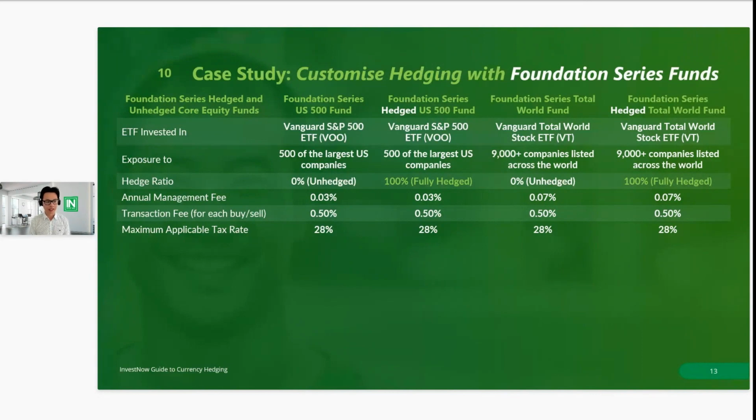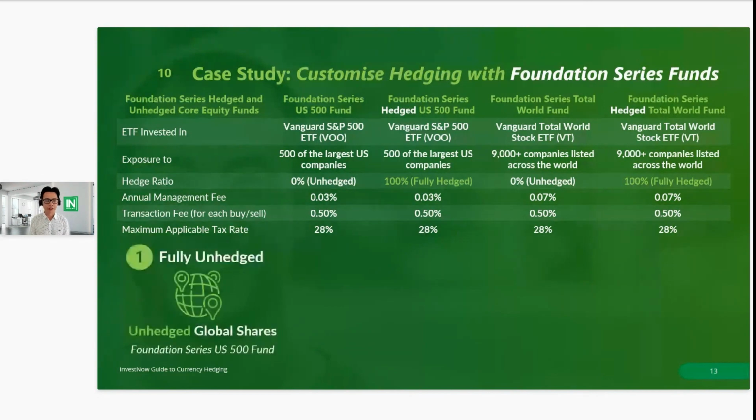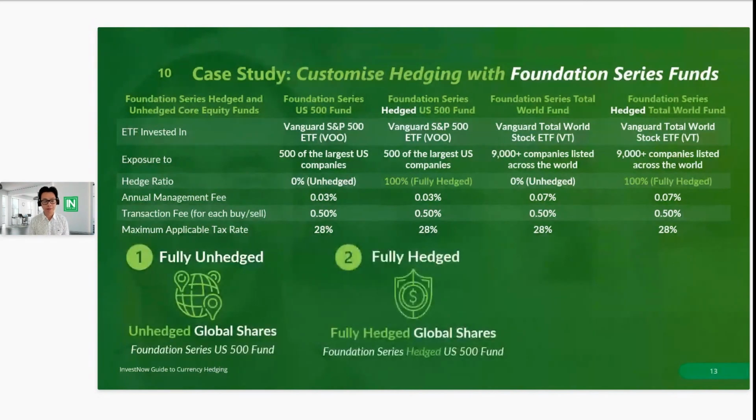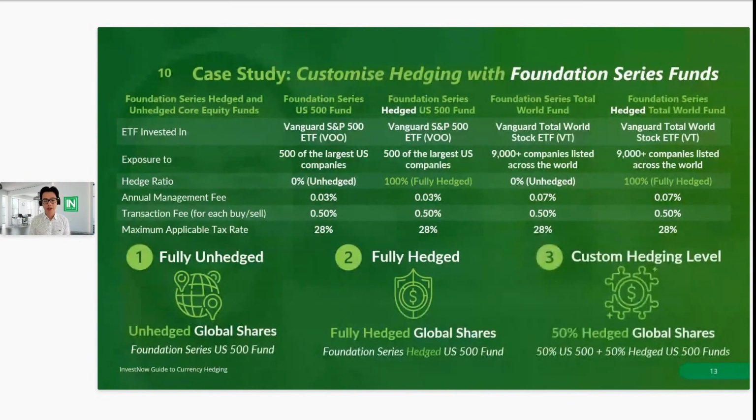So you could go fully unhedged, in which case you just invest into the Foundation Series US 500, for example. You go fully hedged, in which case you just invest into the hedged US 500 fund, or you could have a custom hedging level. In this case, I've selected a 50% hedge because I like to get the best of both worlds. I see the benefits of both sides, so I'll just split up my investment between the unhedged version of the fund and the hedged version 50-50.